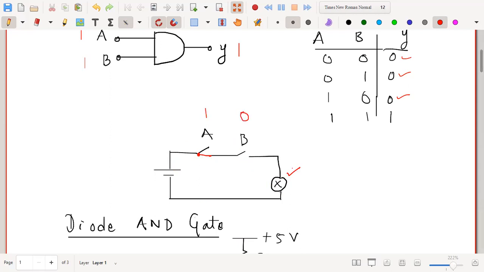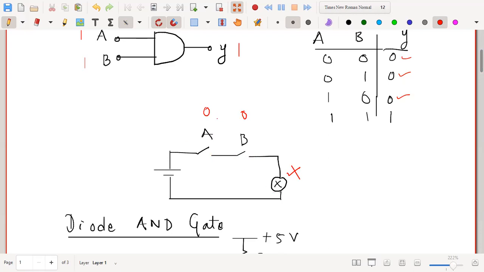In that case, the bulb will not glow because current cannot flow through this open circuit. Similarly, when both are 0, 0, the switches are open. In that case also the bulb will not glow.